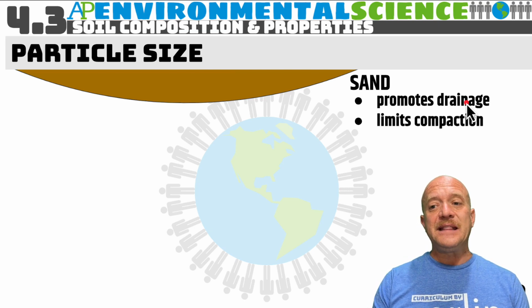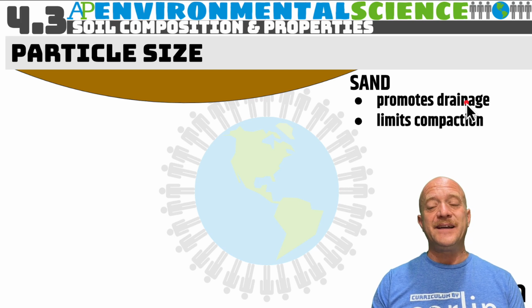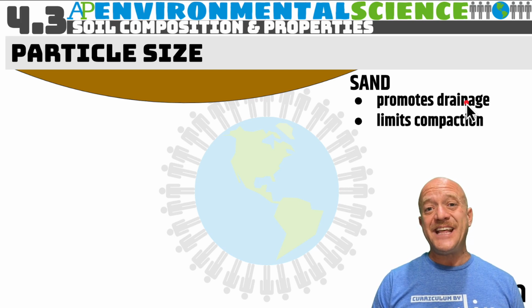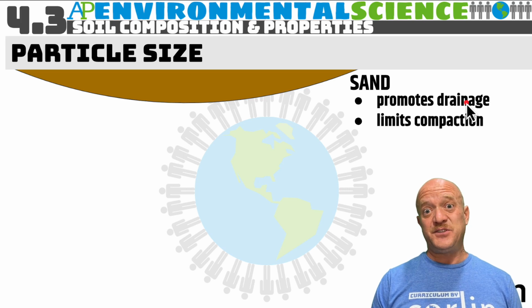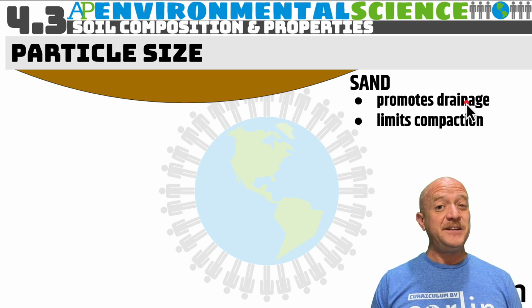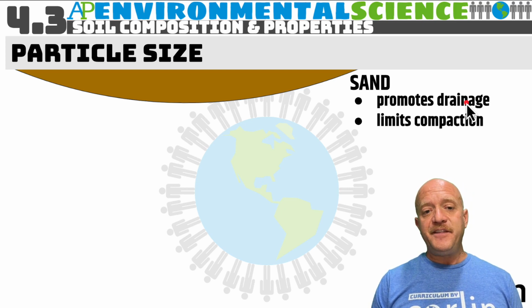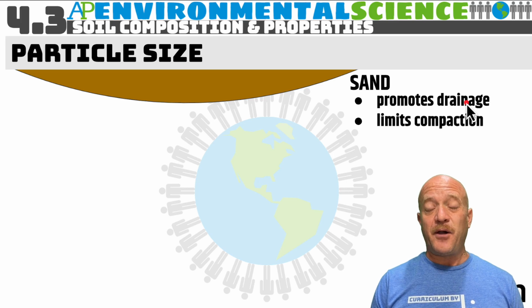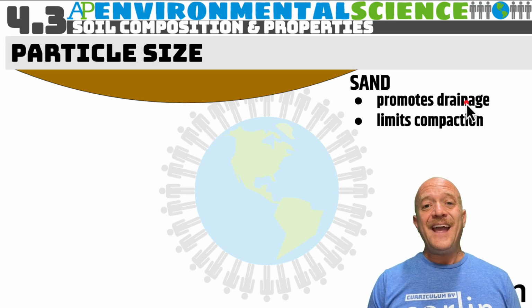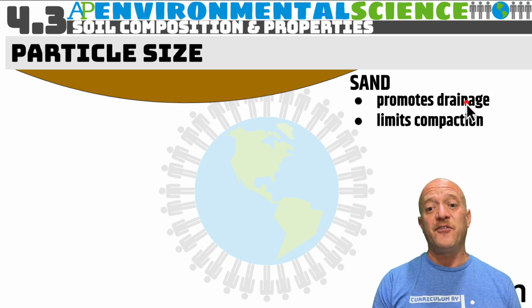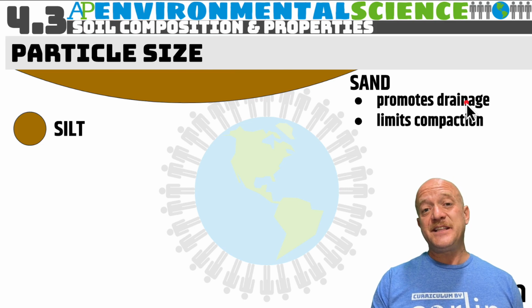It will also limit the compaction of the soil because these particles are so large, they cannot get as close to each other. So it will prevent the soil from becoming too compacted. And we want to have these spaces in between the particles because we want water and oxygen and other solutions to travel between them.